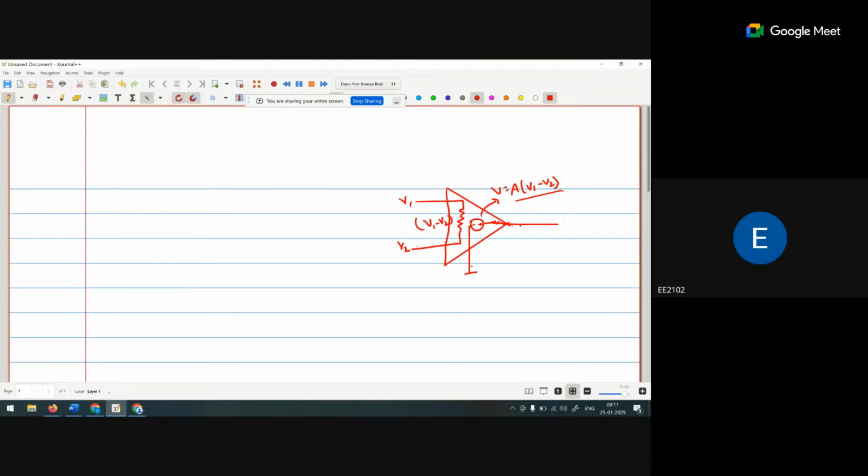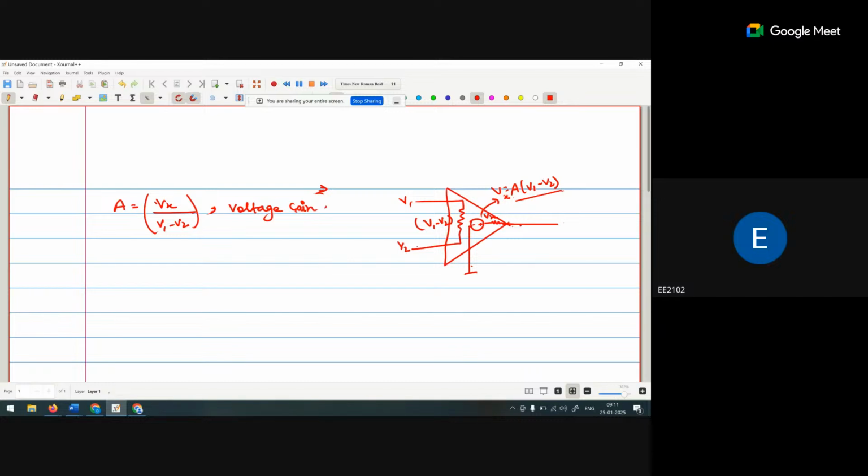If my output voltage is dependent on the input voltage, because the value of A is Vx upon V1 minus V2, this is the ratio of voltage gain. So that's why it is called the voltage gain.